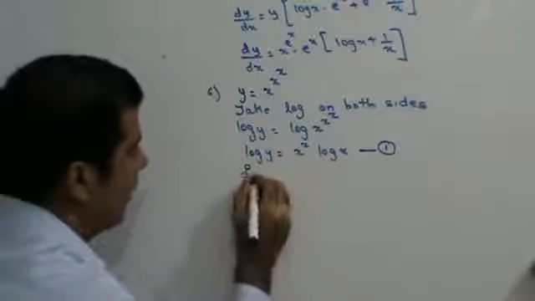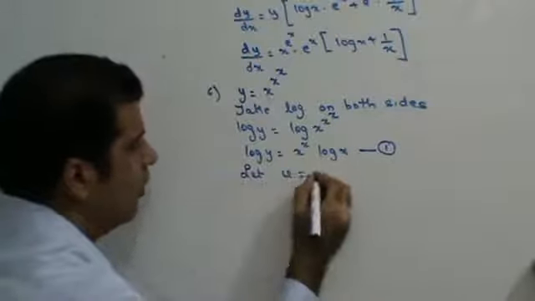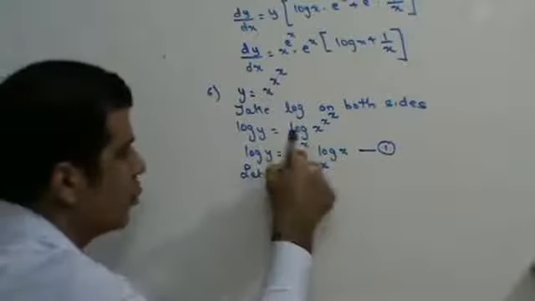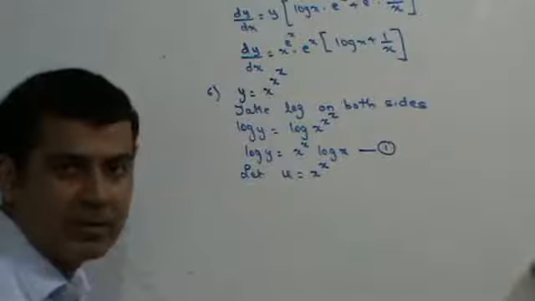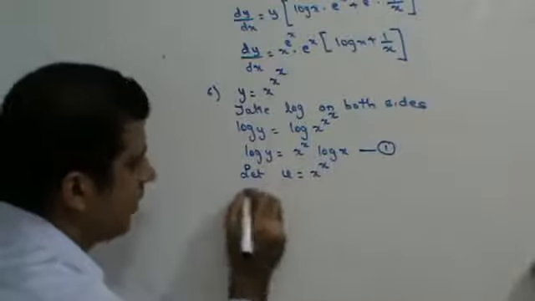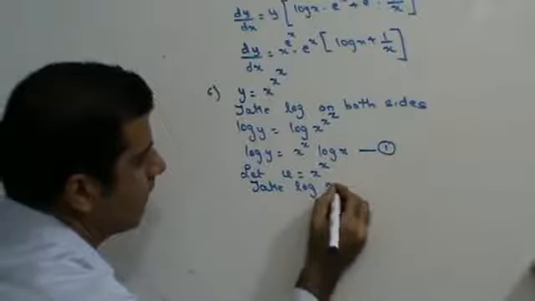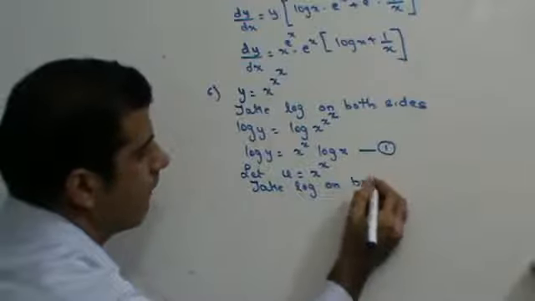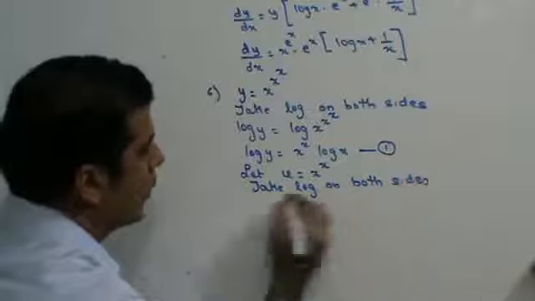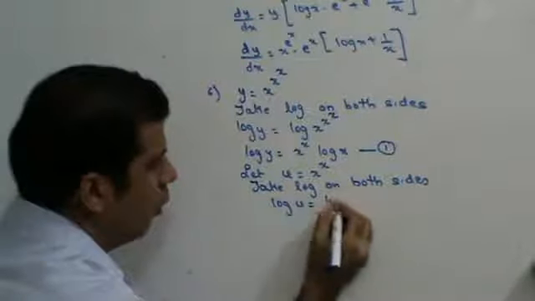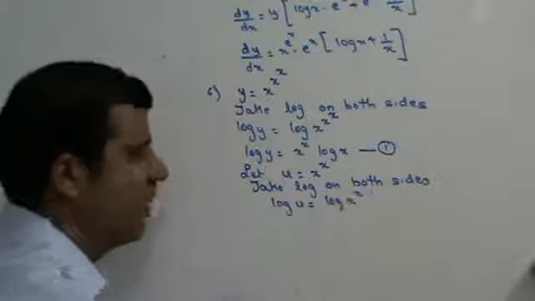Now let u be equal to x raised to x. There is still a variable in the index, so I will solve this term separately first. Since there is a variable in the index, I will take log on both sides. So I will get log u is log of x raised to x.